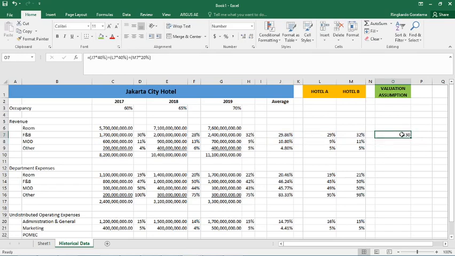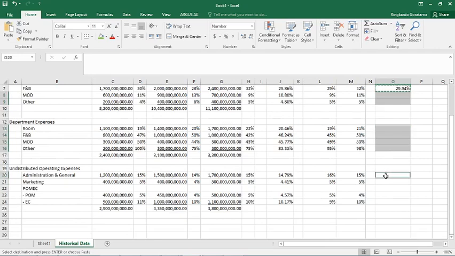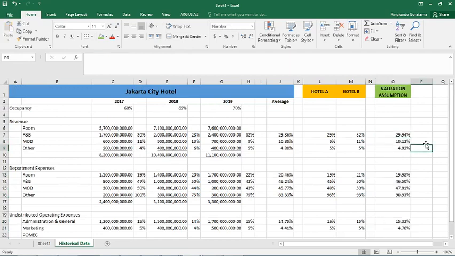So we will use this as the basis of our assumption. So we just copy this one and this one. Right. So this will be the basis of our assumption.